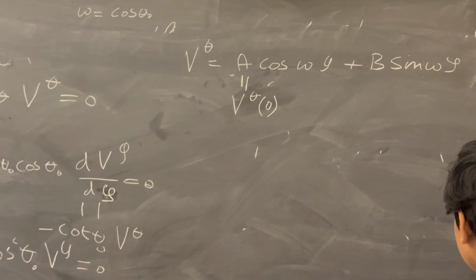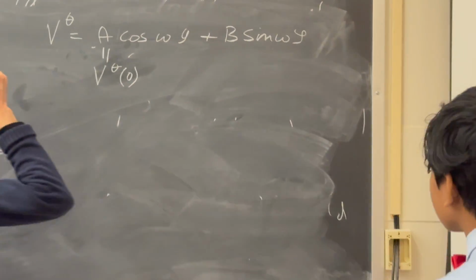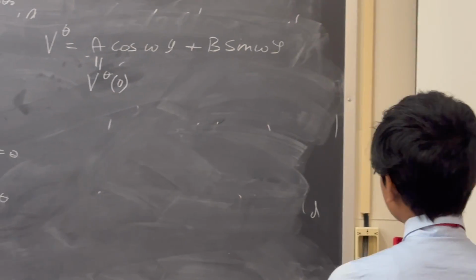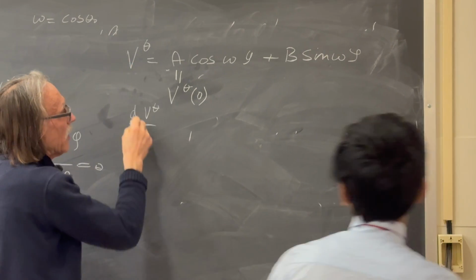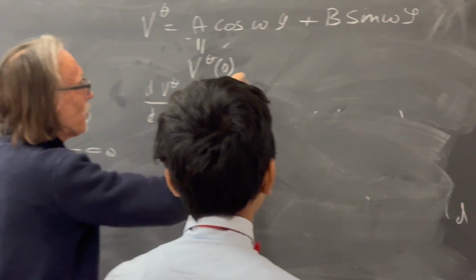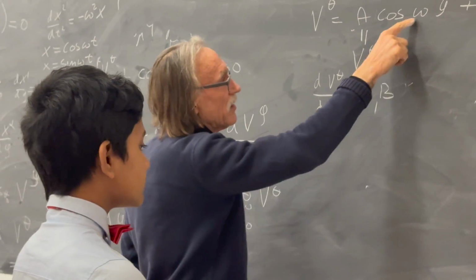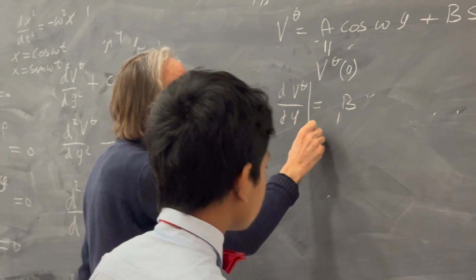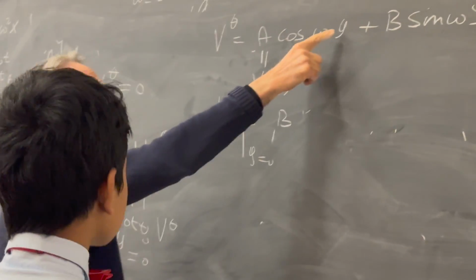And b we can also calculate, because if you differentiate that, d v theta d phi, that is equal to b. This becomes a sine. If you look at phi equal to 0, this becomes a sine at 0 is equal to 0.